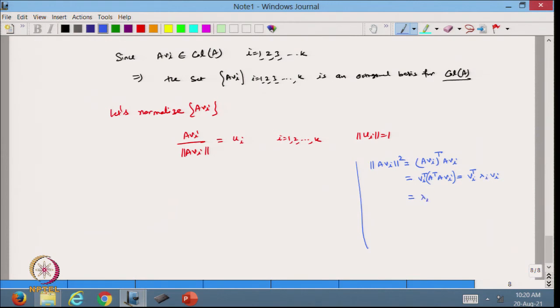Now I can take this lambda i out, and this is Vi transpose Vi.